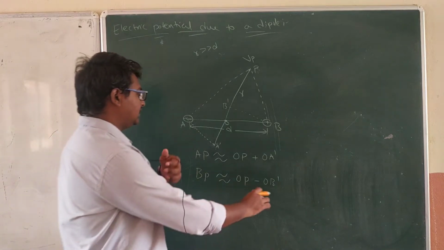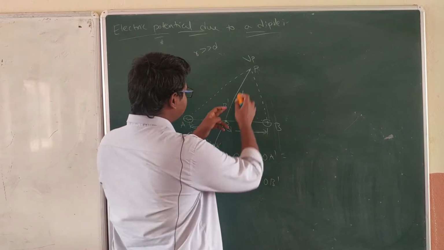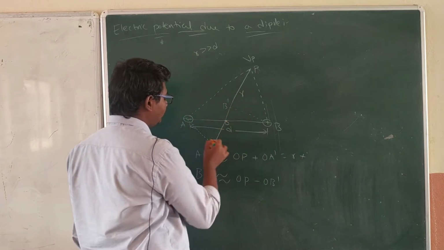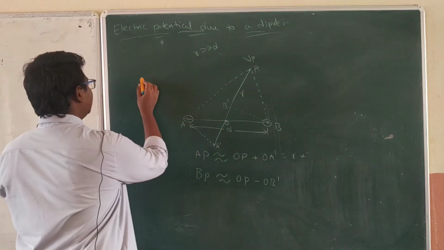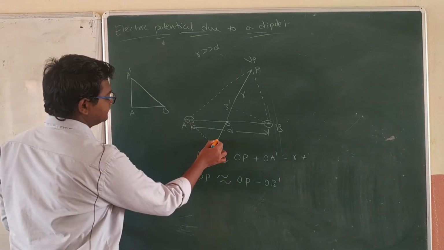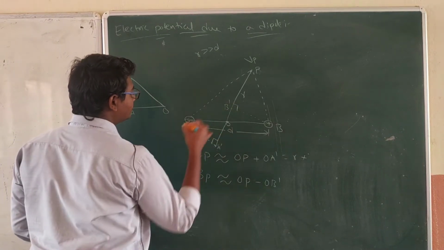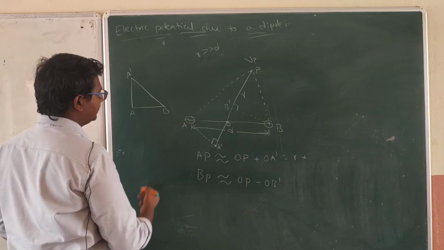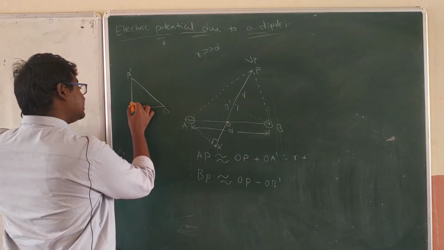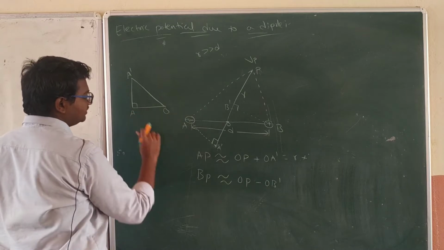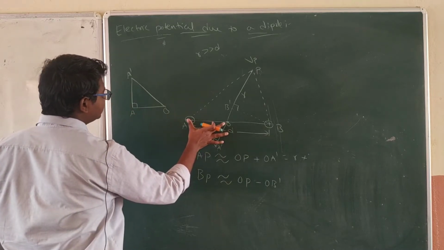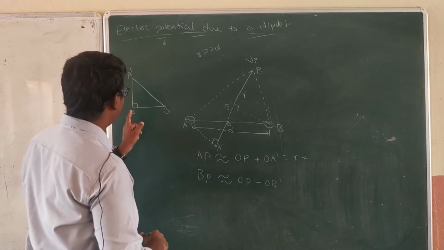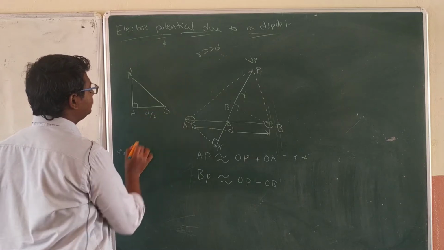As we know this clearly, what is OP actually? OP is R plus, what is OA dash? Here let's draw a diagram. From this triangle we can get it. Here this is a 90 degrees angle, and this length is going to be D by 2, and A to O distance is D by 2.